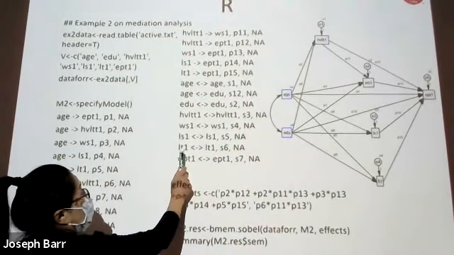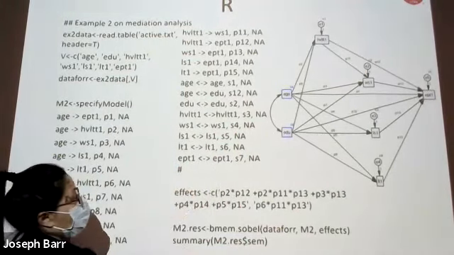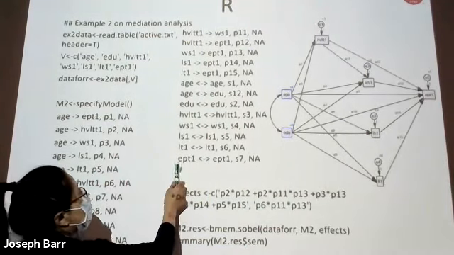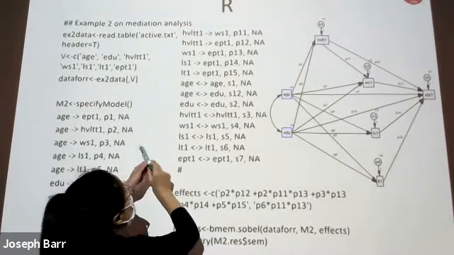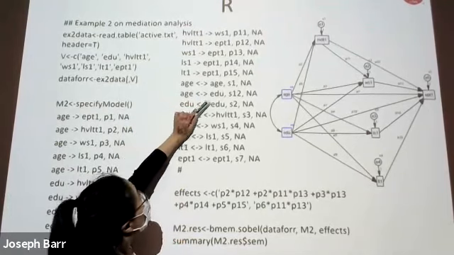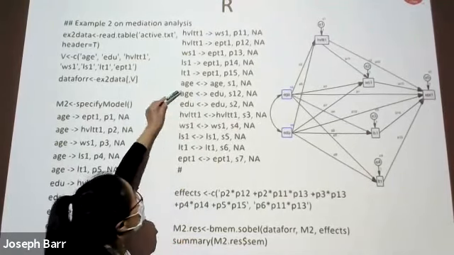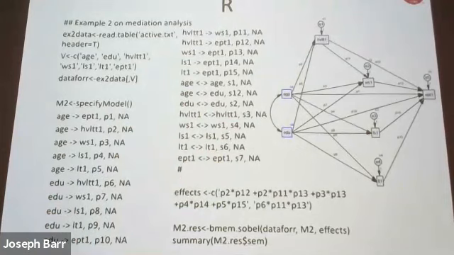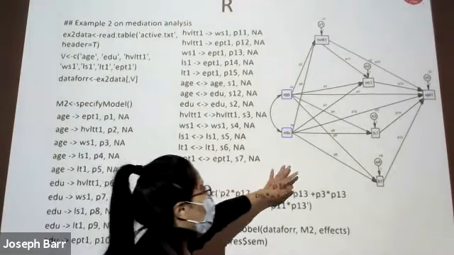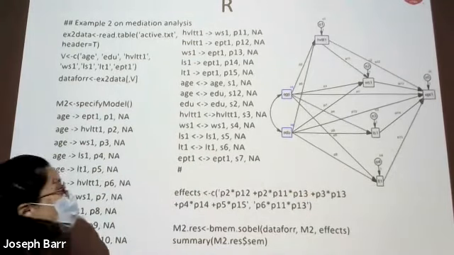LS1, okay, LT1, EPT. So we have 7 variances and 1 covariance. So in total, we have 8 variance and covariance components. 8 plus 15, so we have 23 parameters in this model. That's our model.